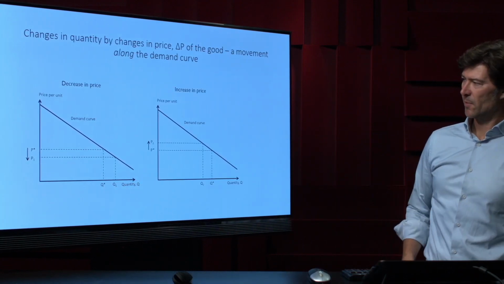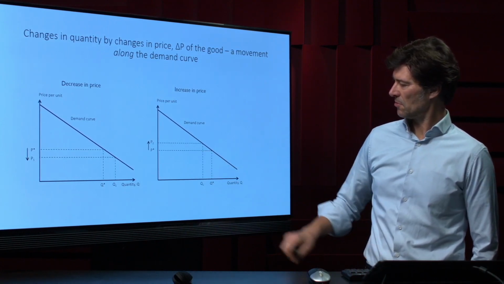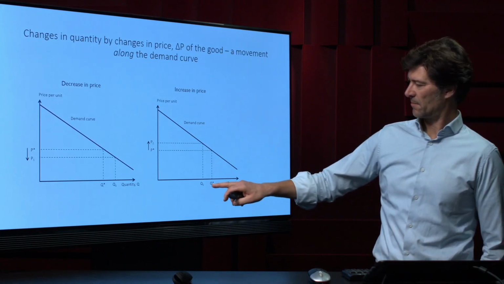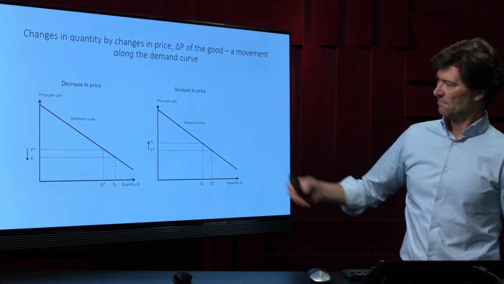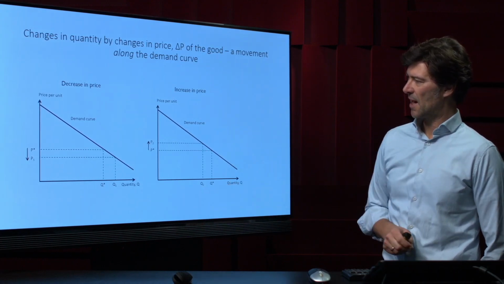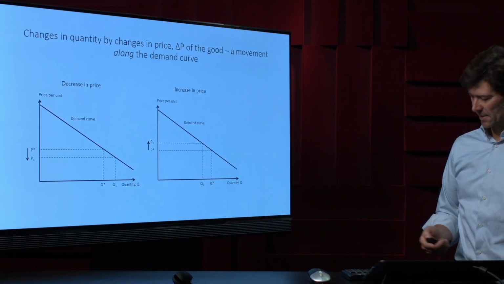Or the other way around, an increase in price from P star to P2, consumption will decrease from Q star to Q2. So this basically shows what happens in terms of quantity demanded by changes in the price.